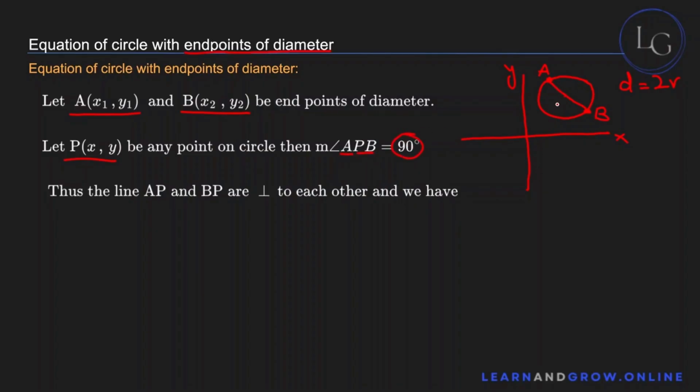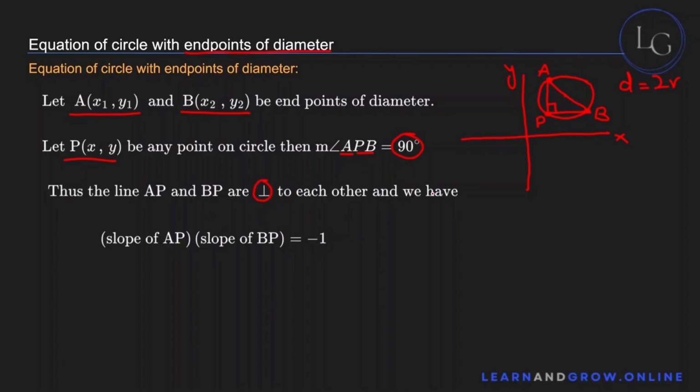So let's say that this is the point P. If you draw the triangle APB, this is 90 degrees. Now that that's covered, we know that the line A to P and the line B to P are perpendicular to each other, right?